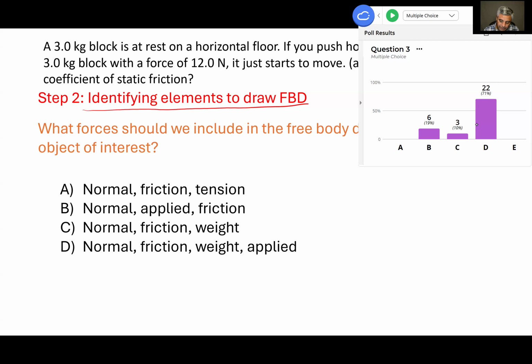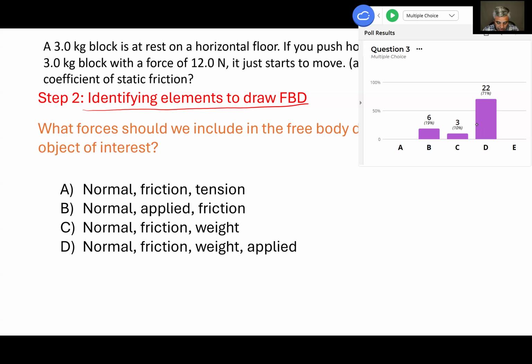Normal, applied, and friction was B. Six of you chose that. But see, weight is always there. As long as we are near the earth's surface, weight is always there. So B is missing weight, and C is missing.